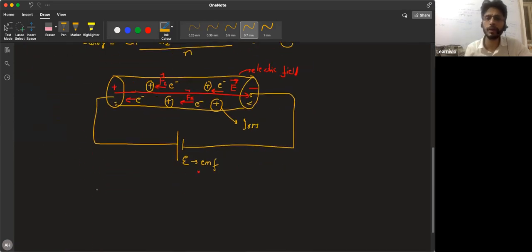Now to calculate that velocity, we will first calculate the force on each electron. The force on each electron is E times e. We can write that the force on each electron is minus eE, as the direction of force is opposite to that of the field.